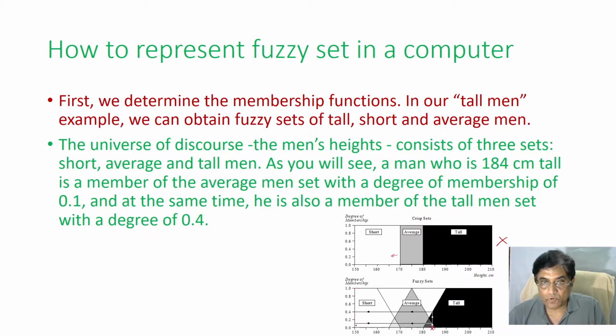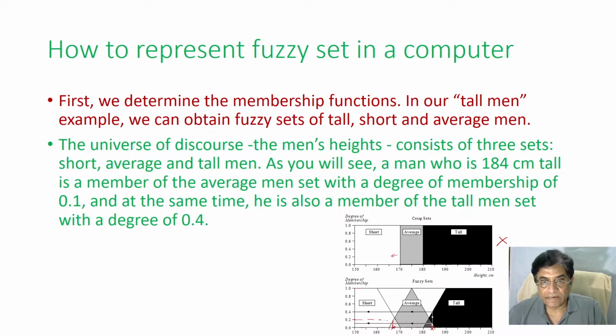If you project that in tall, it will belong to the category of tall with this value. And you take both so that finally you get a more concrete characterization of the value of, say, 184 or something like that, which I have selected. Similarly, say anything here, okay, an element in the fuzzy set will have some value.